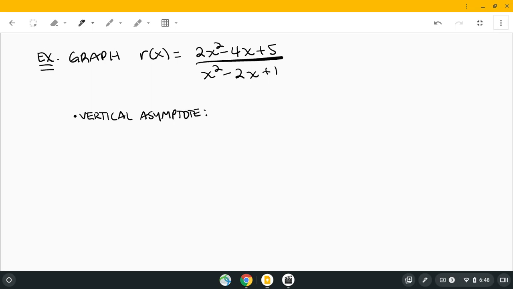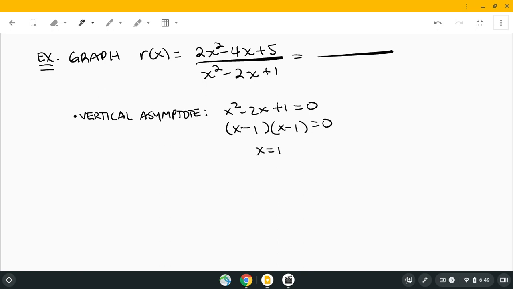All right, so x squared minus 2x plus 1 equals 0. Let's factor that. X, again, you could factor up here. It doesn't matter. Minus 1, 1. Okay, so we have a vertical asymptote at x equals 1.